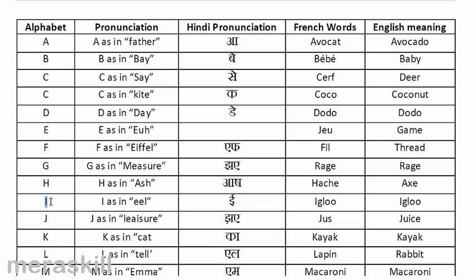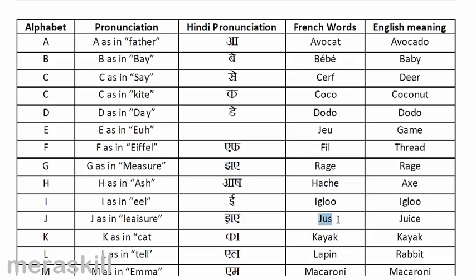I is known as E, as in eel. Okay. So that's E, igloo. Okay. J is pronounced as J again, is G. Again, it was a tough thing doing in Hindi, so try it. It's G. Leisure. G. Okay.